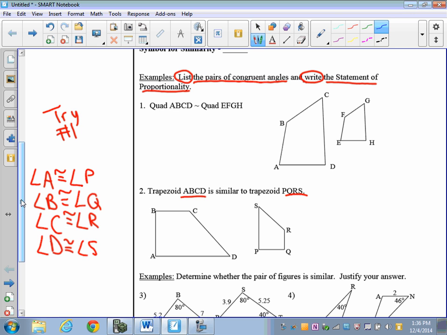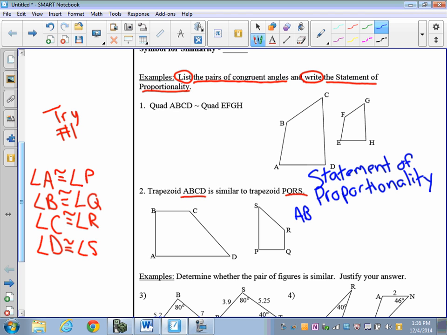Now we need to write the statement of proportionality. So now we're going to take the first two letters, A and B, the second two letters, B and C, the third and the fourth letters, C and D, and the first and the last letters, A and D. So we're getting all these letters from here.